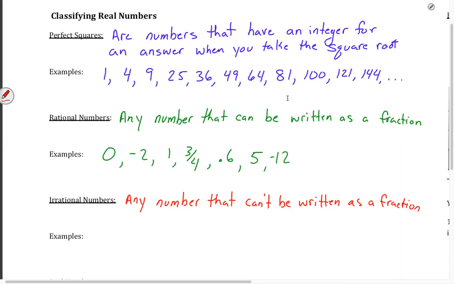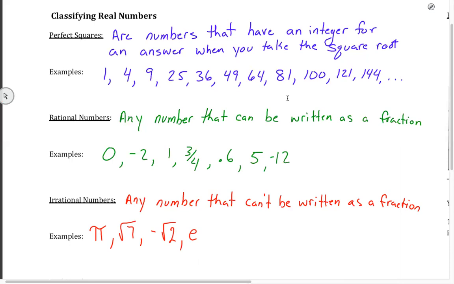So an example of this would be like pi, the square root of 7, negative square root of 2, e. All of these are irrational numbers because they can't be written as a fraction.